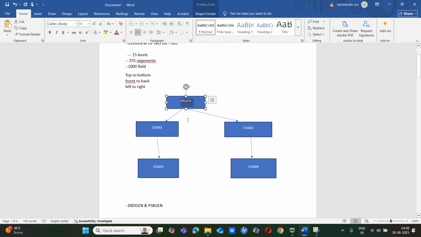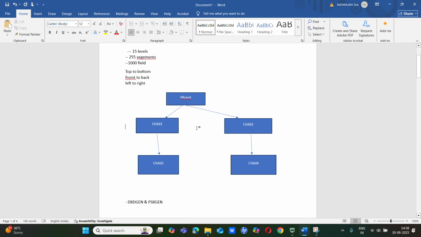So if you take this particular structure below, here is how it moves. Whenever you are issuing calls, there are different types of calls, like Get Unique and Get Next. Since this is basic, for now let us just say call. In the first call it will go into the parent segment. If you issue a next call, following the golden rule, it will travel top to bottom.